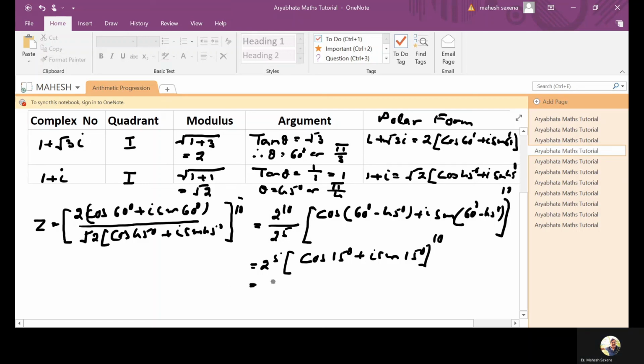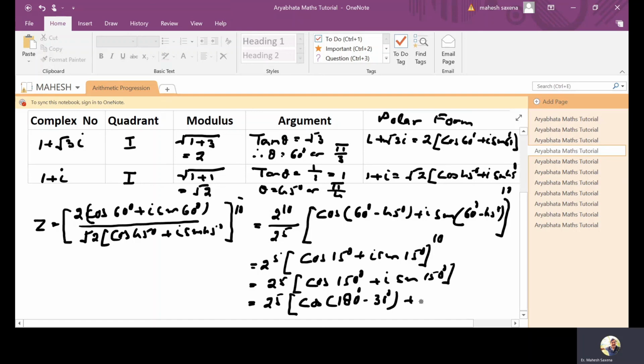That is 2 to the power 5 (cos 150 degree plus i sin 150 degree). It can be written as 2 to the power 5 (cos 150, that is cos (180 minus 30 degree), plus i sin (180 degree minus 30 degree)).